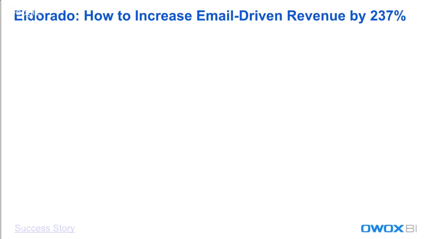So now I will be brief and tell you a few success stories that we did together with multi-channel retailers in Google BigQuery. Particularly Eldorado: we helped set up triggered emails and increase their email-driven revenue. What was their task? They had customers who were visiting their website but didn't buy anything.